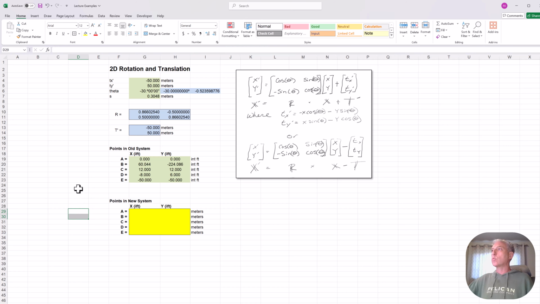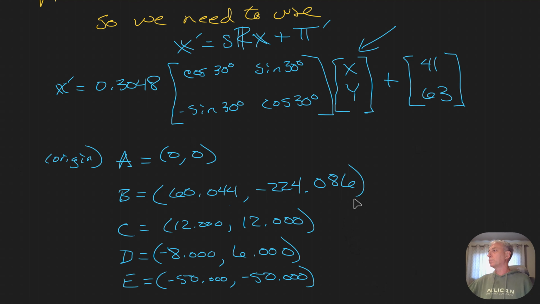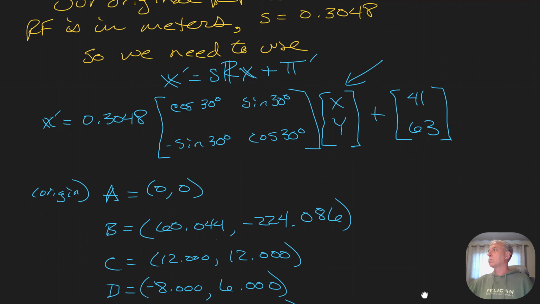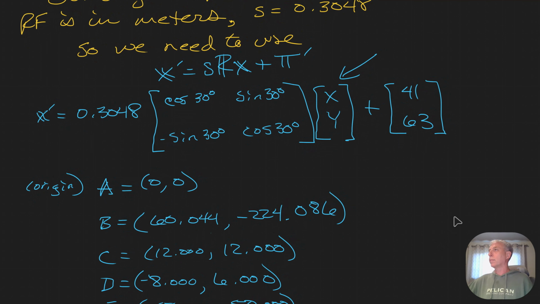This is where it's necessary to come up with cardinality. Let me go back to my whiteboard here real quick. I have a scalar, and my rotation matrix is a 2 by 2. My original coordinate vector is a 2 by 1.